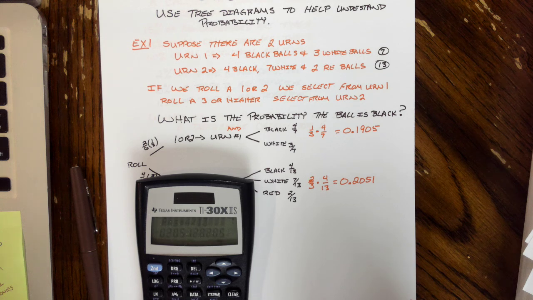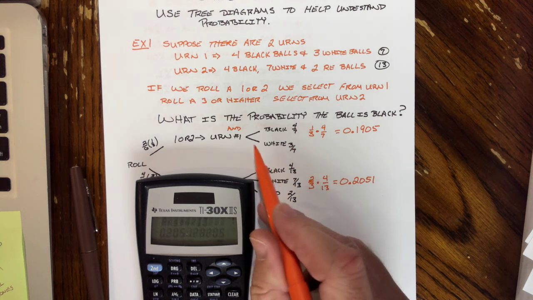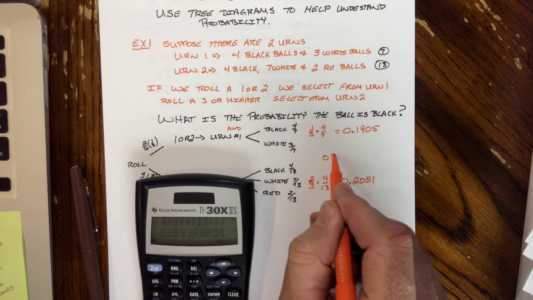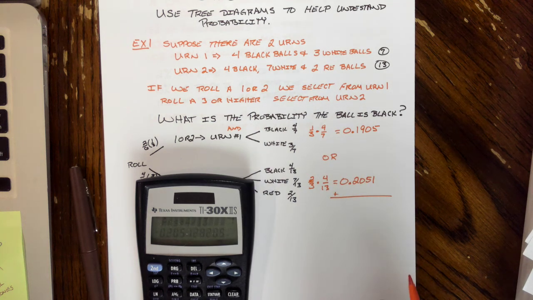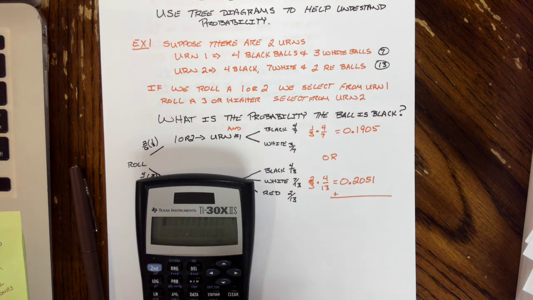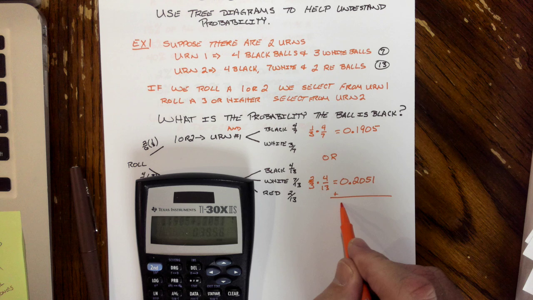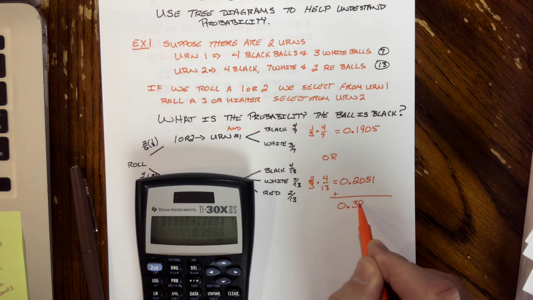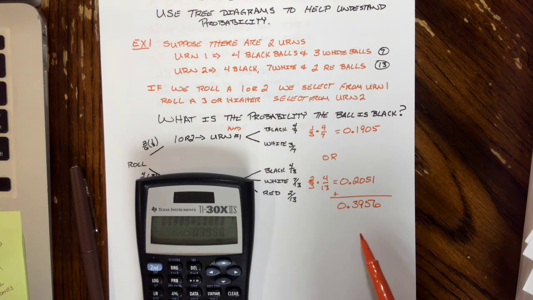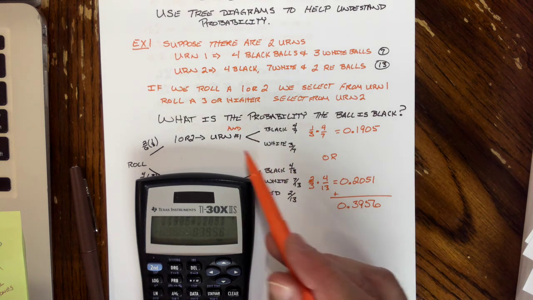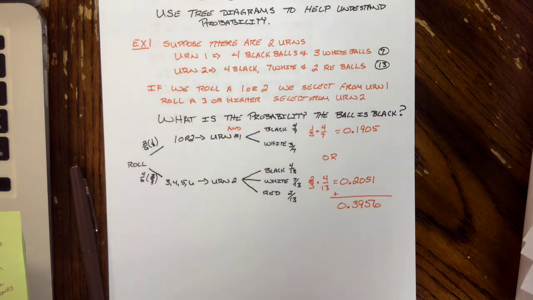Now, we're happy with a black ball by this scenario or that scenario, meaning what? Add the two probabilities together. 0.1905 plus 0.2051. We have about a 40% probability of getting a black ball. It just depends on which scenario we go based off of the roll of the die.